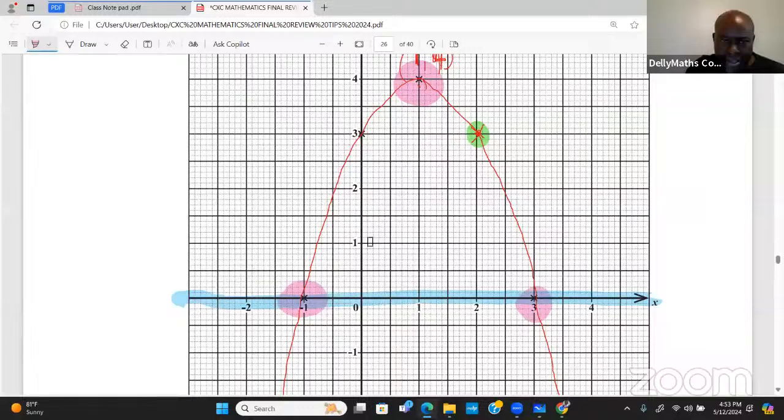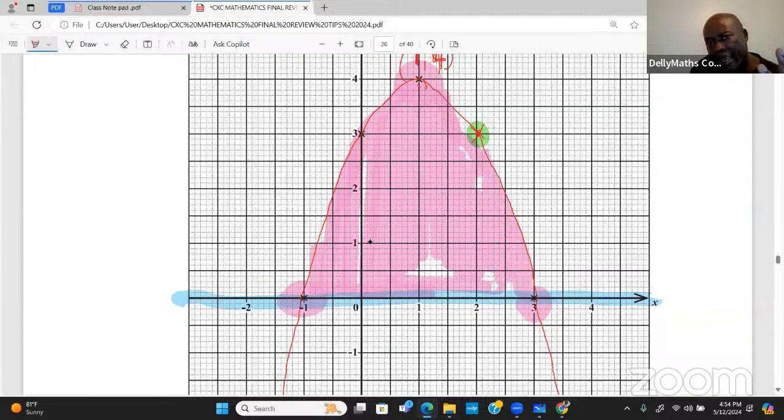So as I move from -1 towards +3, the graph was in the positive region. As I move going this way, the graph is over the line. Look, the graph is up there. I'm just shading it for you to see that.